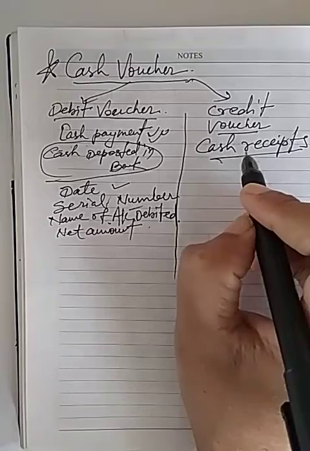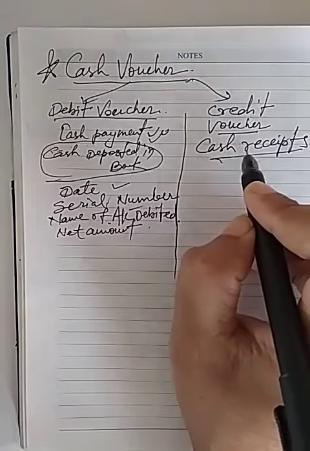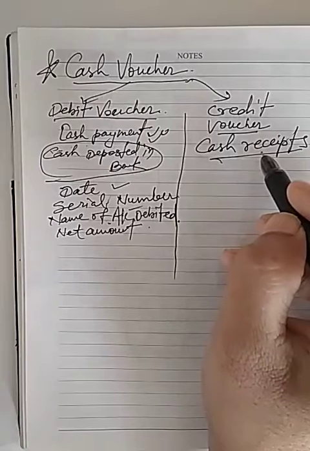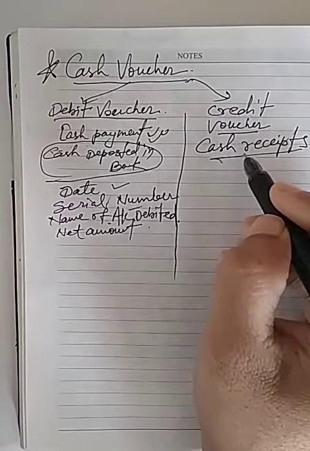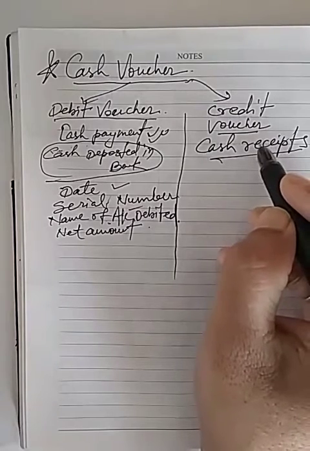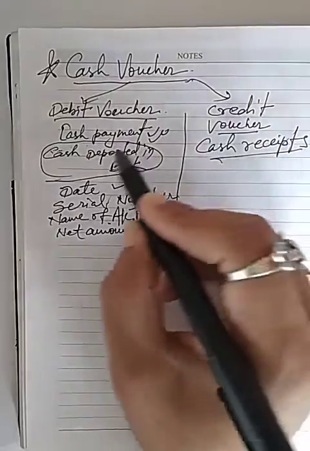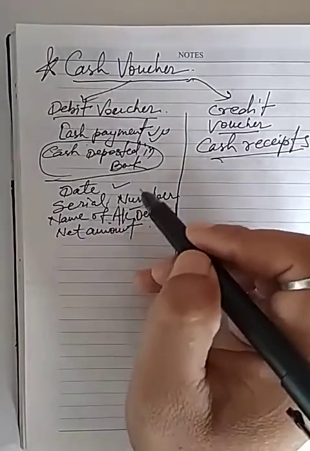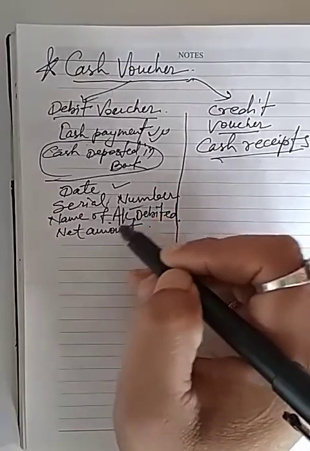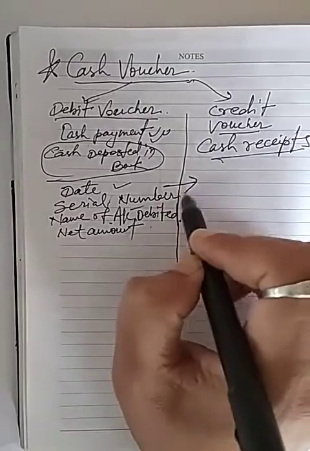For example, cash sale of goods, cash sale of investment, cash received from commission, cash received from interest, etc. Usually the information in credit voucher is the same as in debit voucher.